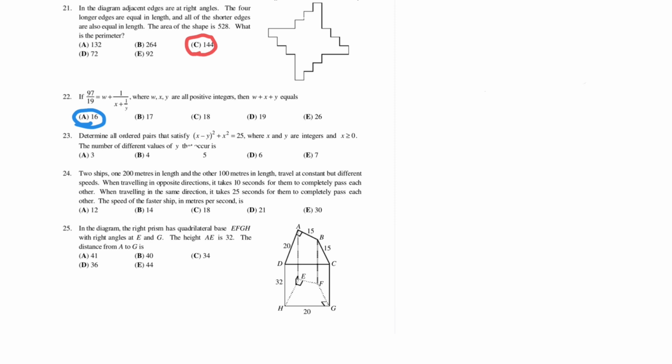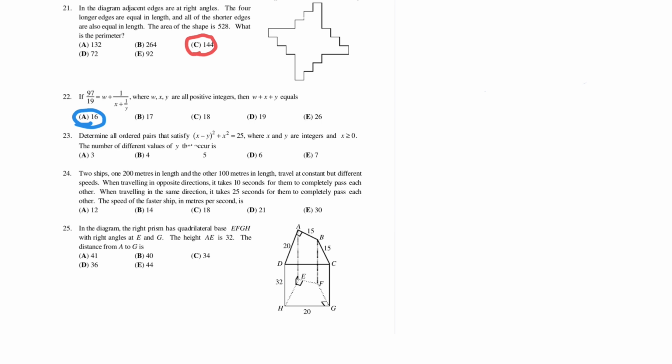Number 23. Determine all ordered pairs that satisfy (x minus y) squared plus x squared equals 25, where x and y are integers and x is greater than or equal to 0.